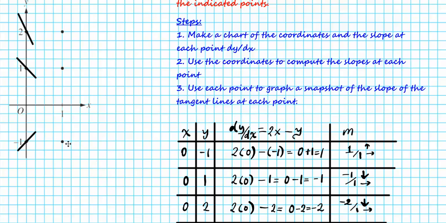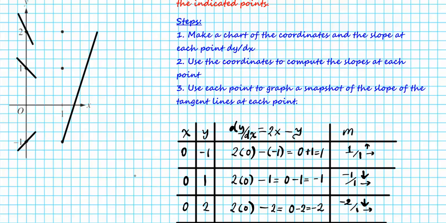We're going to graph the slope of 3 at this point right here. So in this case, we're going to have to add a point, okay? Because if we want to draw the slope, we're going to rise 3 and run 1. So let me see, 1, 2, 3, 4. So something like that. Okay, so that's how you place your ruler.